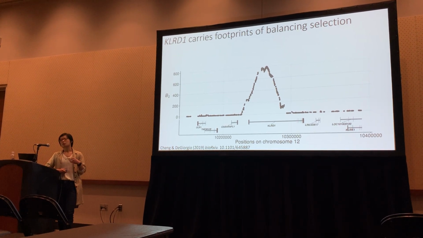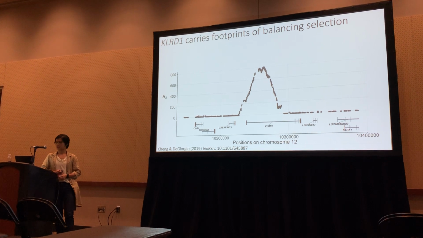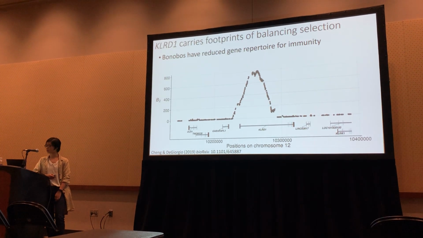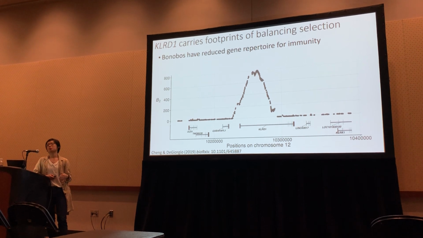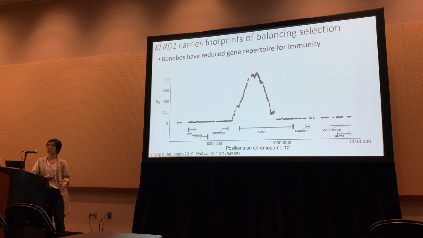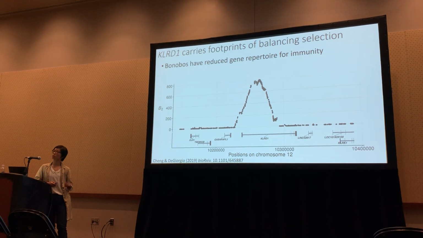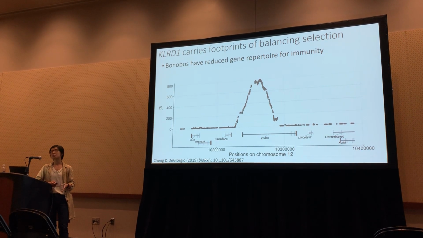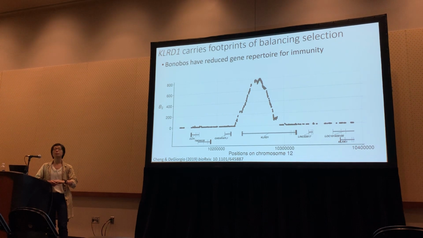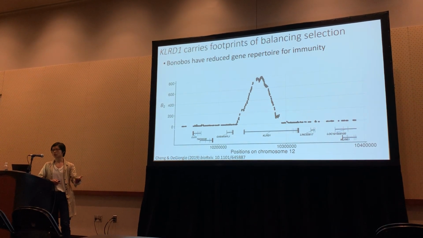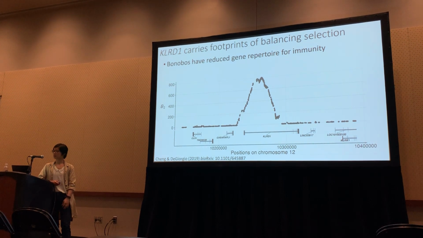So we think this candidate is very interesting, not only because it's expressed on natural killer cells, but also because bonobos have been observed to have very low diversity and a very reduced gene repertoire for their immunity, especially for viral defense. Some even suspect that there were ancient sweeps that led to the reduction of diversity for those genes.